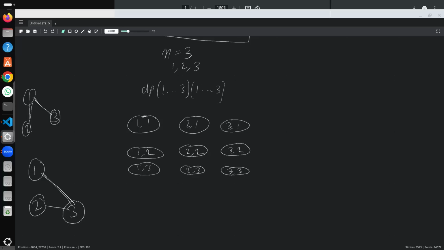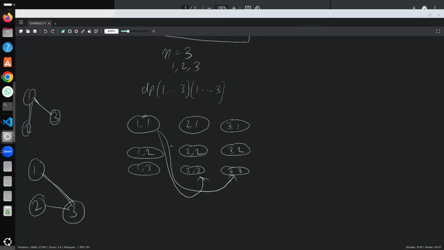So from 1, 1, it is possible to go to 3, 3 and 2, 3. Yes, so this is one edge.